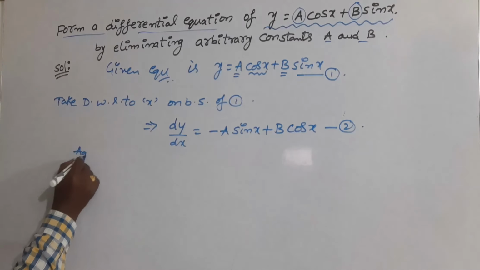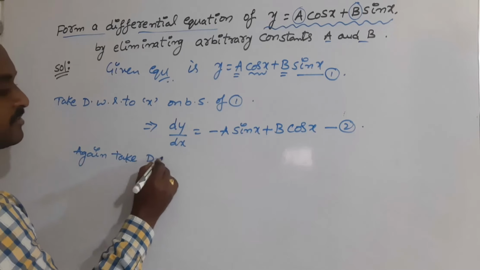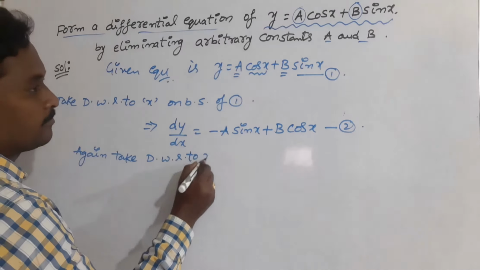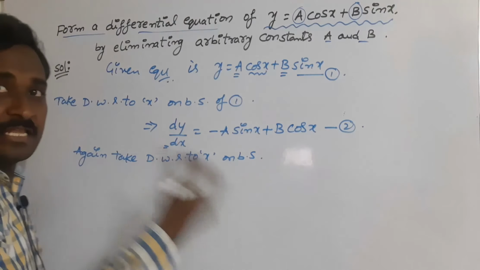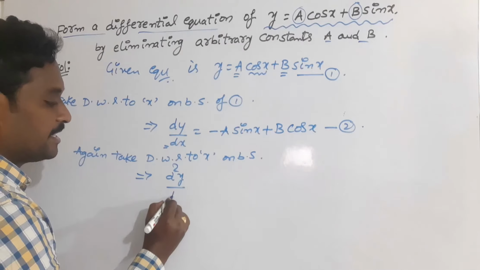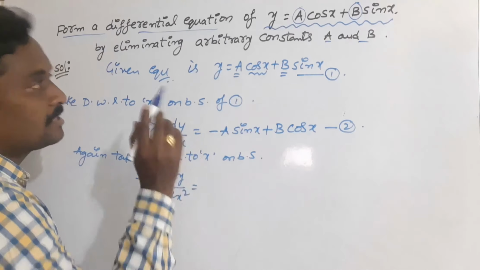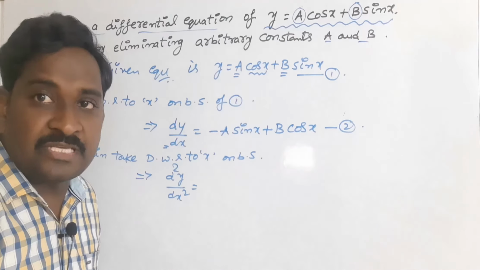Again take the derivative, otherwise differentiation, with respect to x on both sides. So the first derivative is already there. If we take another derivative, you will get the second derivative, which is d square y by dx square. Since two arbitrary constants are involved, we should differentiate 2 times with respect to x.